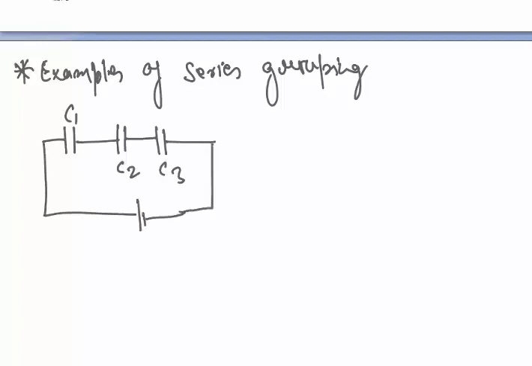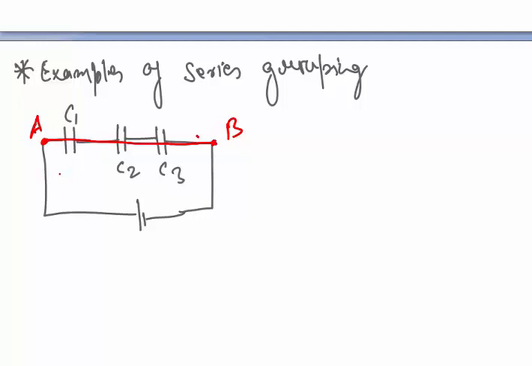Now when we move from point A to point B, we cross C1, C2 and C3, or we pass through C1, C2 and C3 by a single path.